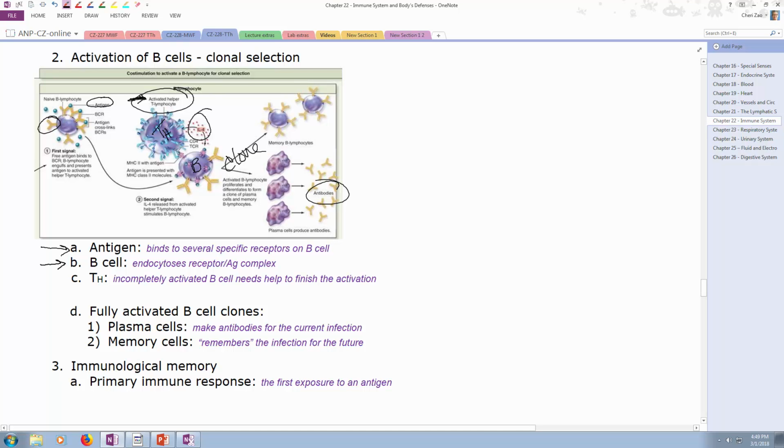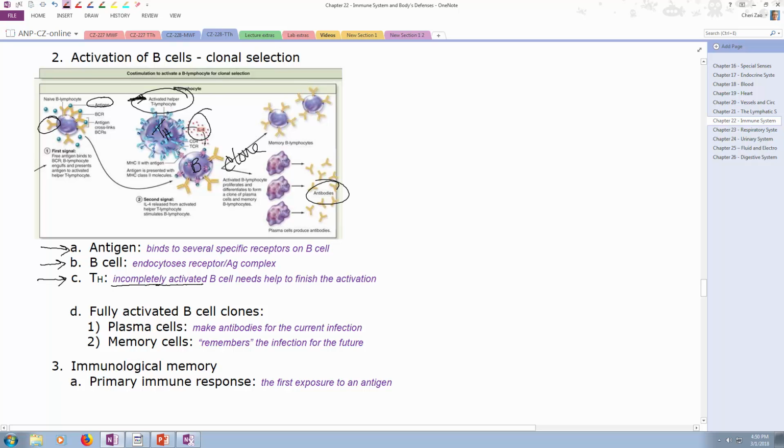So in the notes, the steps show antigen binding on the B cell receptor, B cell endocytosis of the receptor antigen complex. It then takes it to the T helper cell, and this incompletely activated B cell needs the co-stimulatory enzyme, and that's why it says incompletely activated.